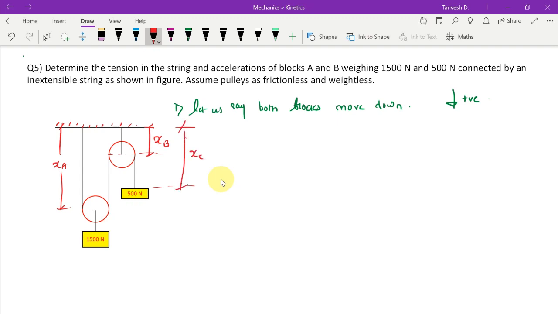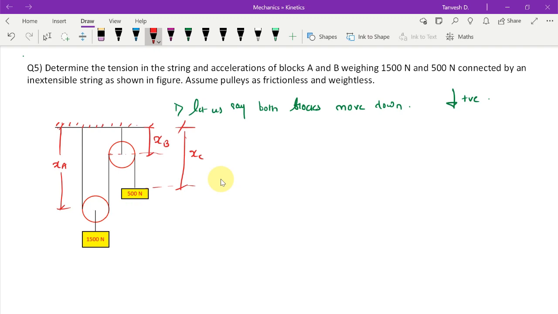Why I am writing XA, XB and XC is because their lengths would keep on changing. XB won't change because this pulley is fixed here, but still I have considered that much length. This is because I want to consider the entire length of the string, but not going around this. I just want to consider this plus this plus this, not the length which is going around the pulley. It does not matter even if you take that length.